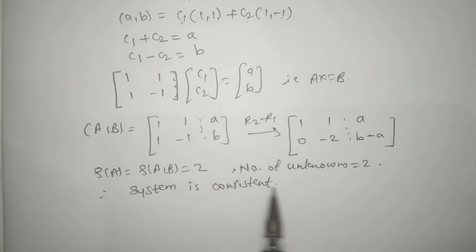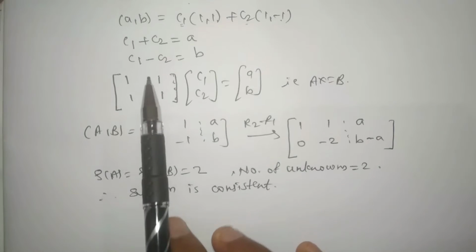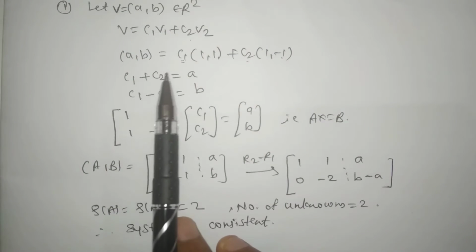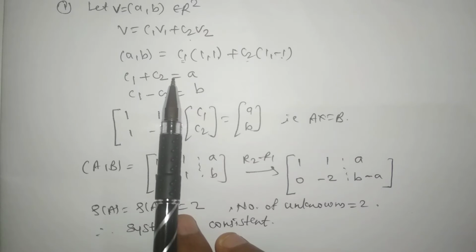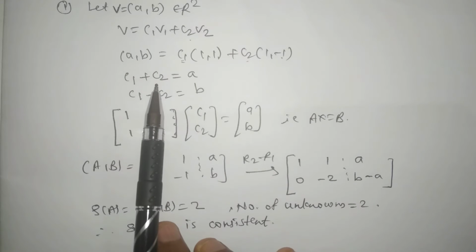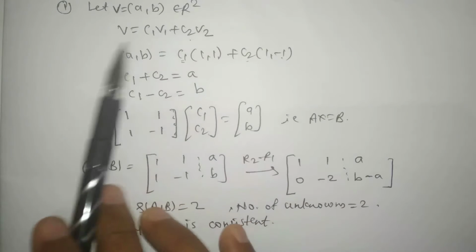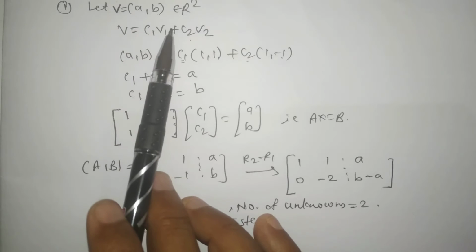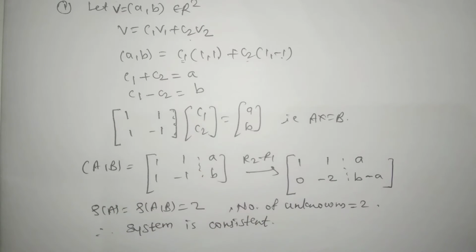And since the system is consistent, for C1 and C2 there is a solution. If C1 and C2 have a solution, that means we are able to find C1 and C2, so the vector V can be written as a linear combination of V1 and V2. Here actually there is no need to find the values of C1 and C2; we already get that the system is consistent.